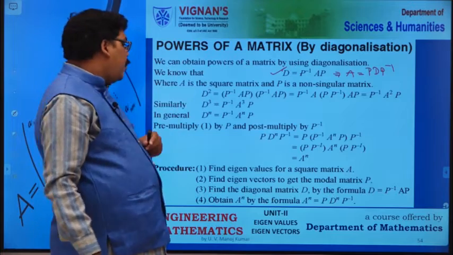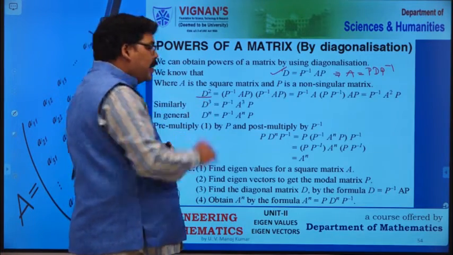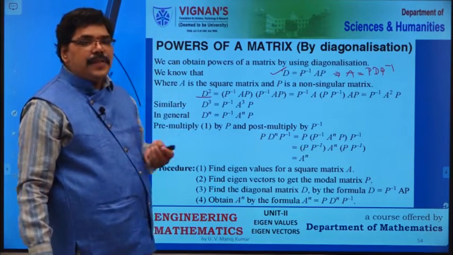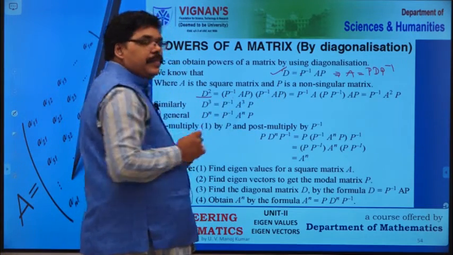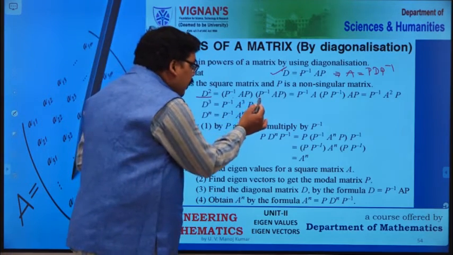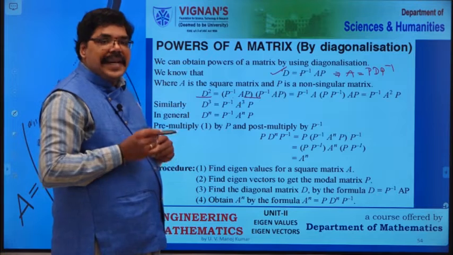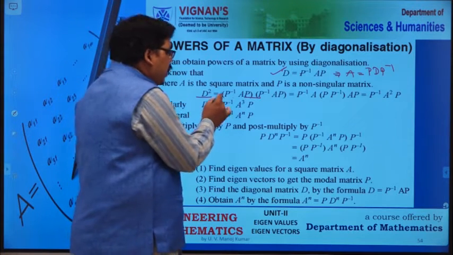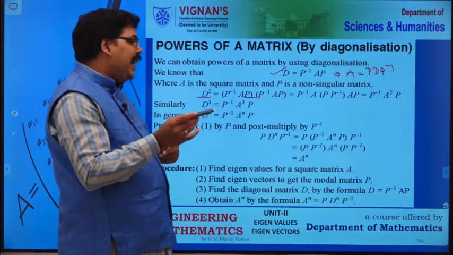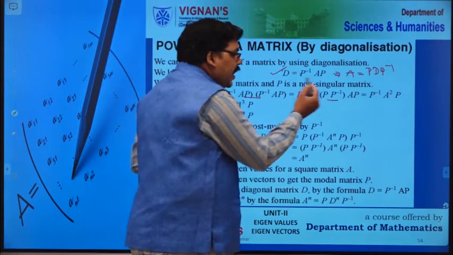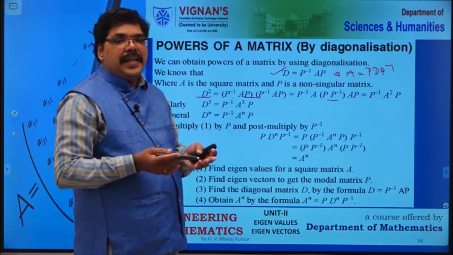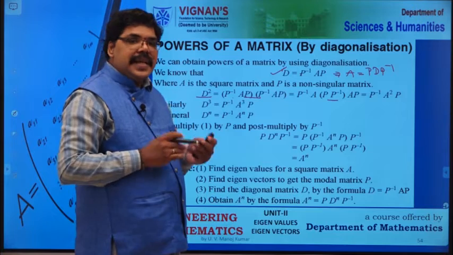Okay. Now we see what is D square. You know D equals P inverse AP. So D square is D into D. I am replacing D with P inverse AP. If I multiply this pair, that becomes identity. So what remains is P inverse A I A P. If you multiply any matrix with identity, the result will be the same matrix.